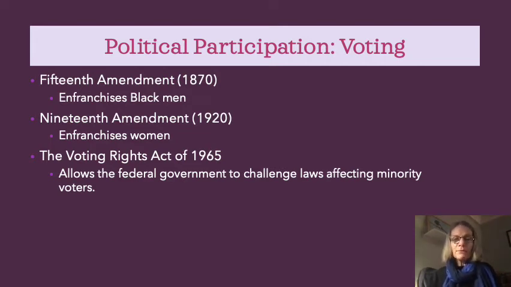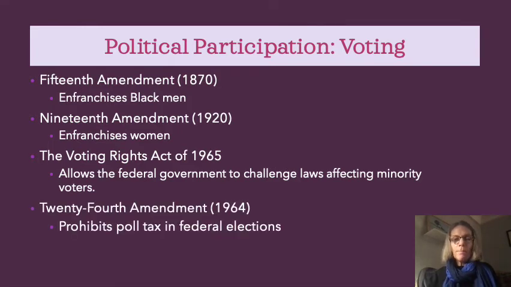And so it allows the federal government to challenge laws that affect minority voters, getting rid of legal barriers to voting in the southern states and beyond. The 24th Amendment, which I should have put above the Voting Rights Act of 1965, prohibits poll taxes, that is the fee to vote, which was the mechanism used to disenfranchise mostly African Americans in the South. And so it prohibits poll taxes in federal elections.